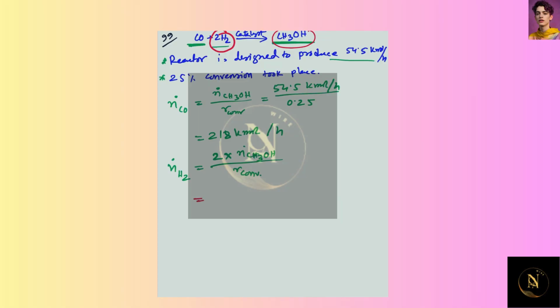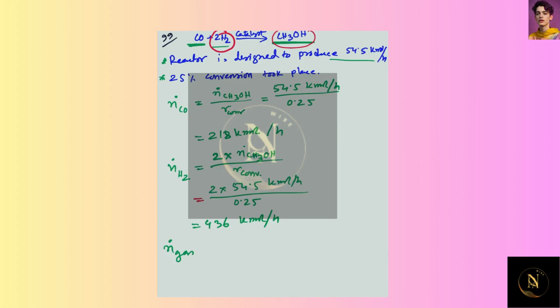Therefore, the number of moles for hydrogen is double. 2 multiplied by 54.5 kilomole per hour divided by 0.25, and we get 436 kilomole per hour. So 218 kilomole per hour carbon monoxide and 436 kilomole per hour hydrogen were fed into the reactor.